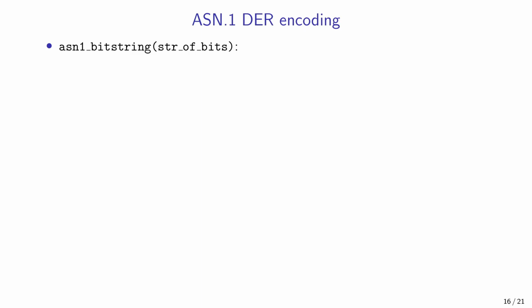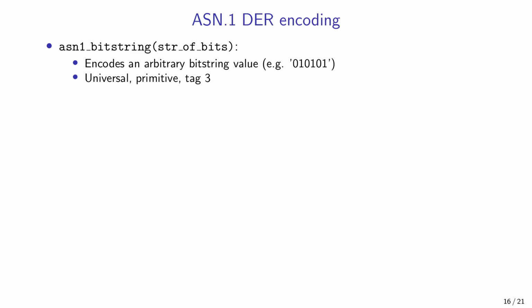All right, ASN.1 bitstring. ASN.1 bitstring encodes an arbitrary bitstring value. Universal primitive tag 3. The bitstring data type is useful as it allows us to encode bitstrings whose length is not a multiple of 8, meaning that they do not consume full bytes.